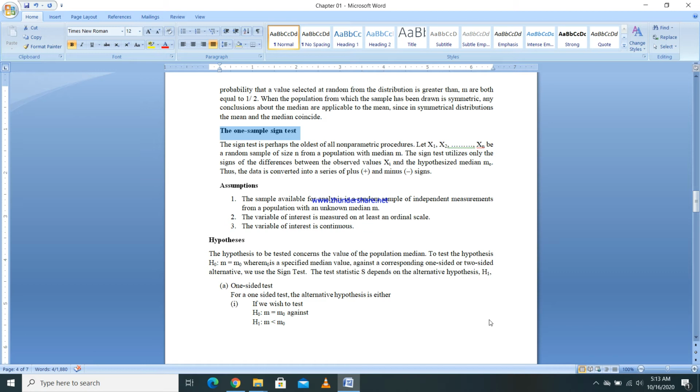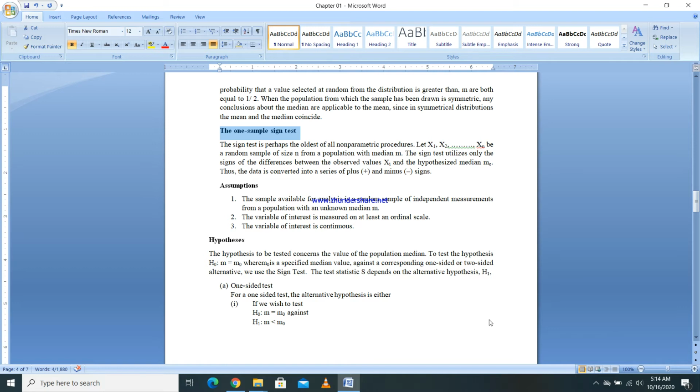One assumption is that the sample available for analysis is a random sample of independent measurements from a population with an unknown median M. The sample values should be independent, and the variable of interest should be at least on an ordinal scale.